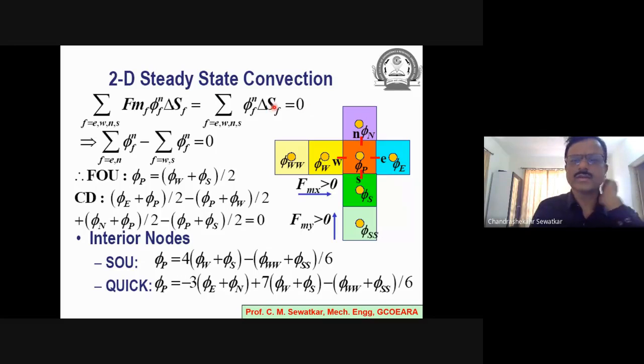So now I can write it for east and north faces, and west and south faces. Why am I disintegrating this like this? Because for east and north it is positive, and for west and south it is negative.